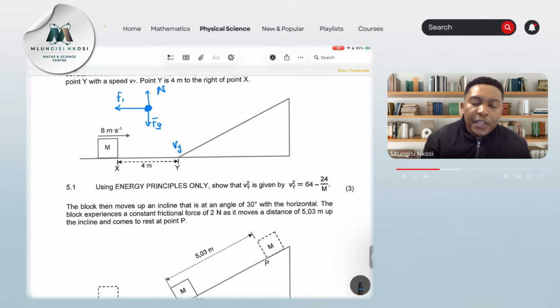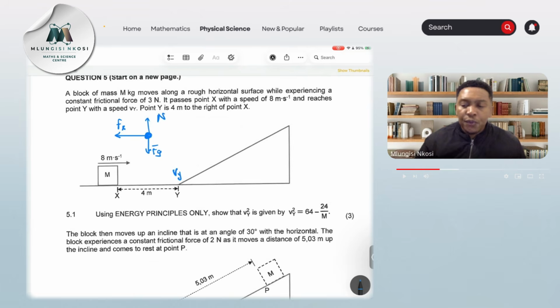But friction is the only force that is opposing the motion, the only force that is contributing to the change in motion of the block as it passes from point X to point Y.